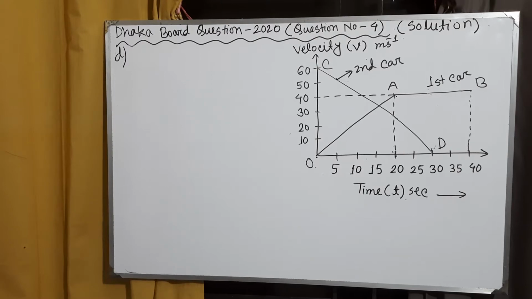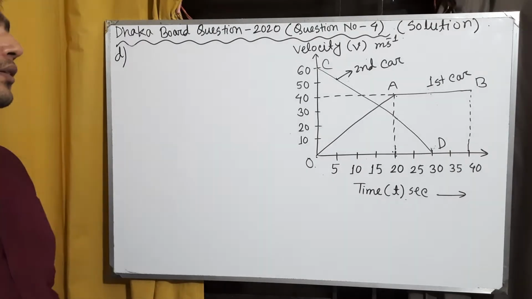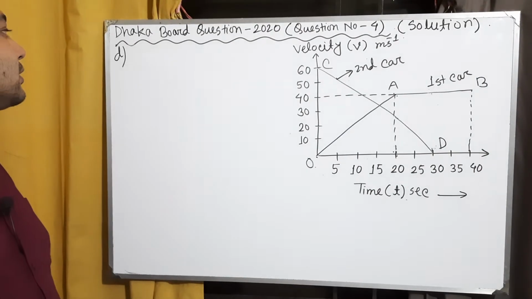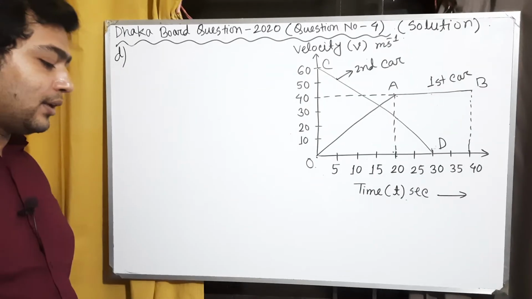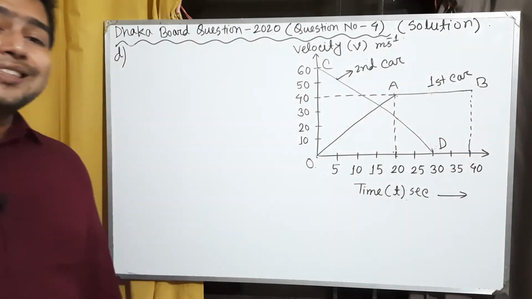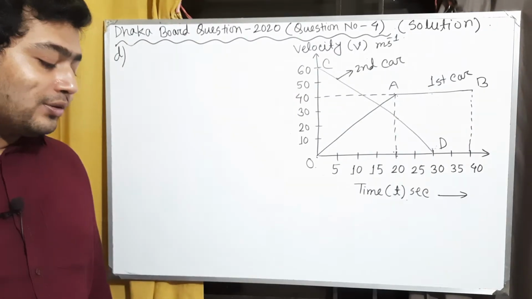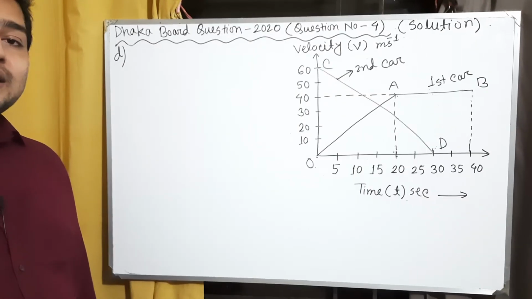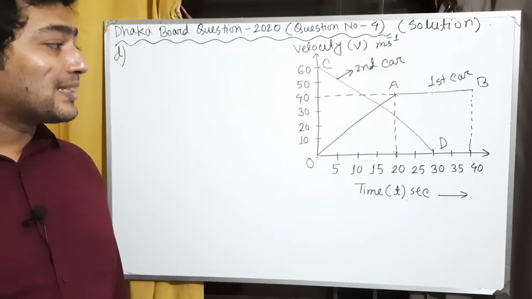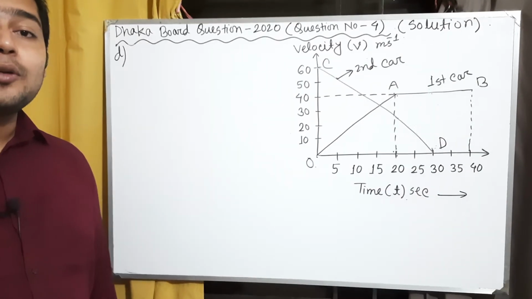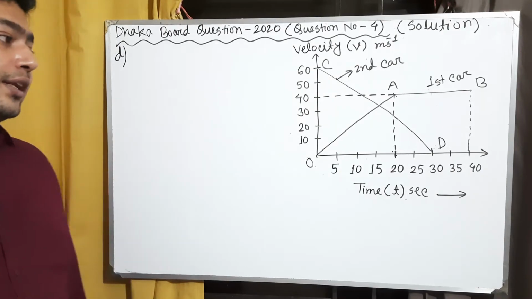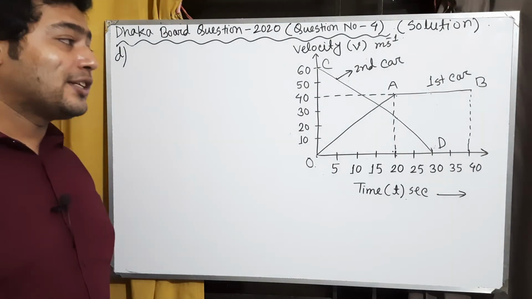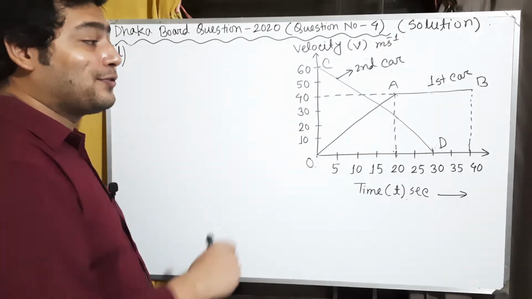Now we will discuss the answer for question number D. Here the question is which car travels more distance in 30 seconds. For this question we need to modify this figure.